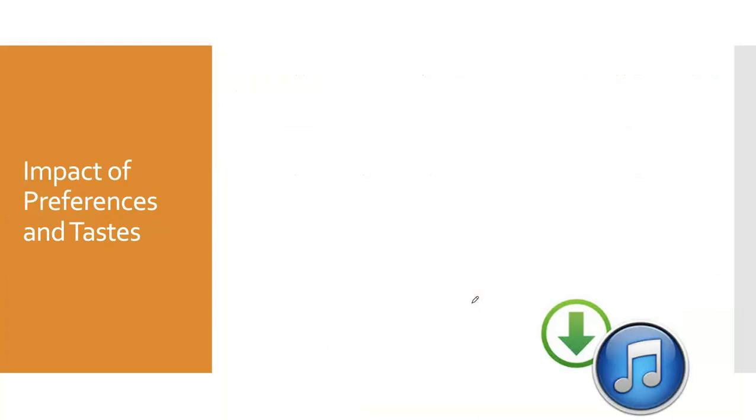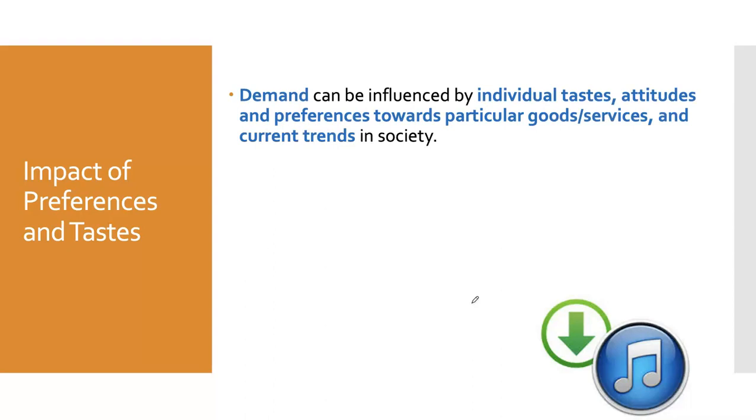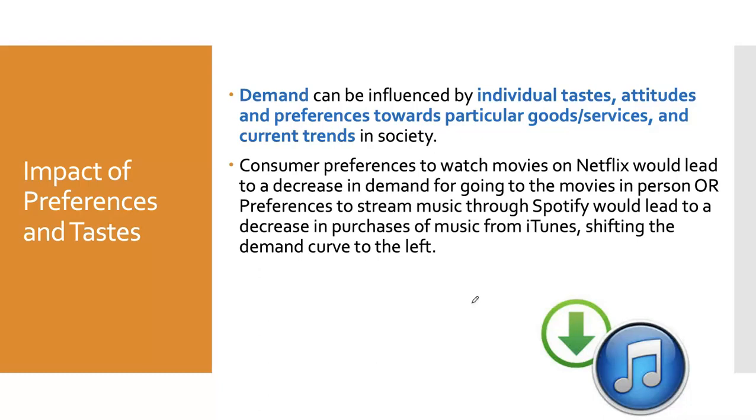Now, the impact of preferences and tastes doesn't have a supply and demand curve in my example, but we do understand demand is influenced by the taste, attitude, and preferences towards particular goods and services and trends. Things become more popular and less popular because of tastes and attitudes. So, for example, consumer preferences to watch movies on Netflix could decrease demand for going to the movies.